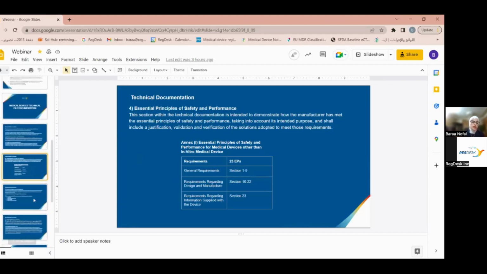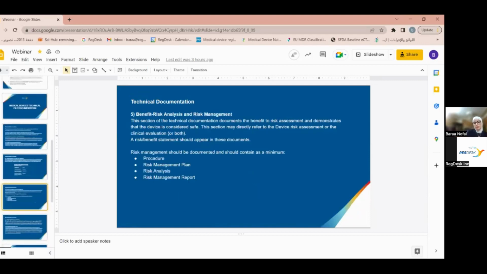After that, we will talk about the benefit risk analysis and risk management, and this is a big problem for the companies, because not all companies are prepared for that. So it is a very important point.